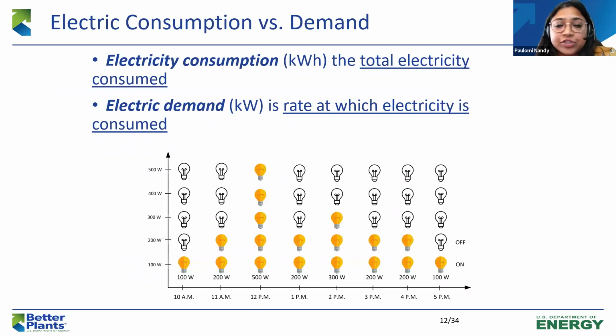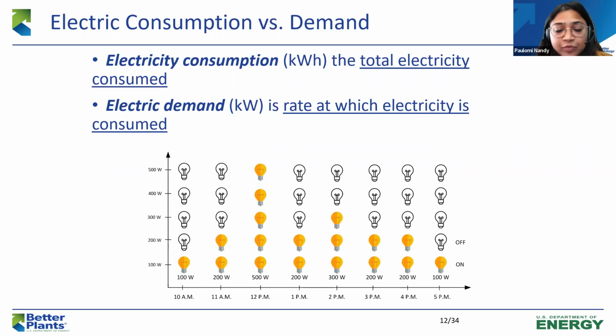Quickly going over just the general understanding of electric consumption and electric demand. Electric consumption is the total electricity that's consumed in a facility, while electric demand is the rate at which electricity is consumed. As you can see in this figure here, throughout the day there are different numbers of lights that are turned on.